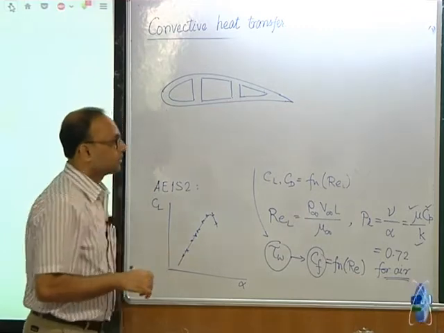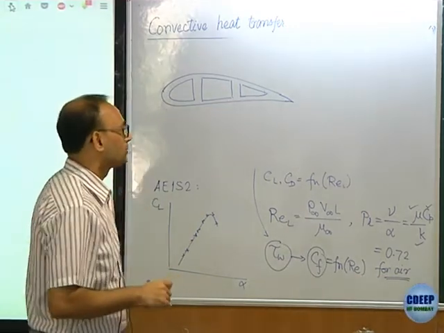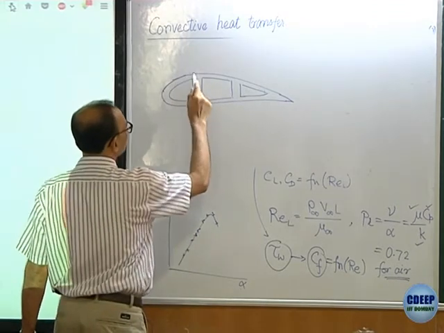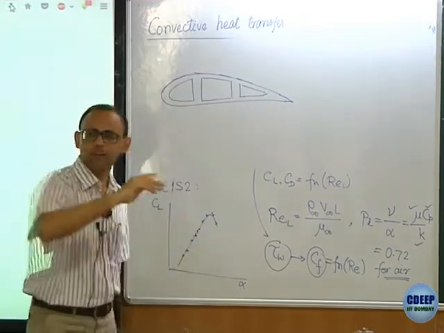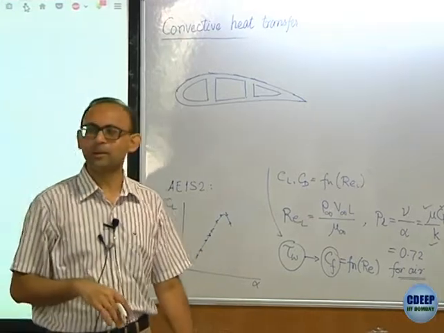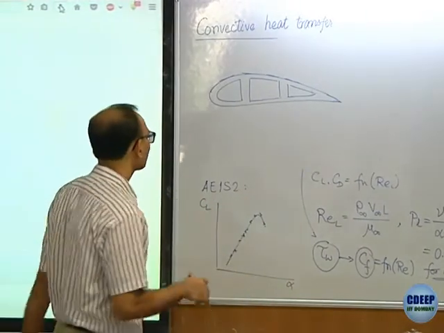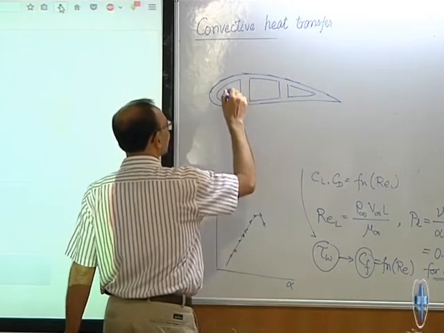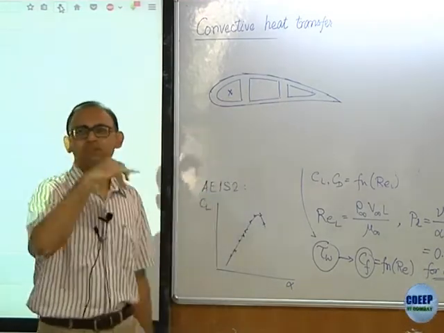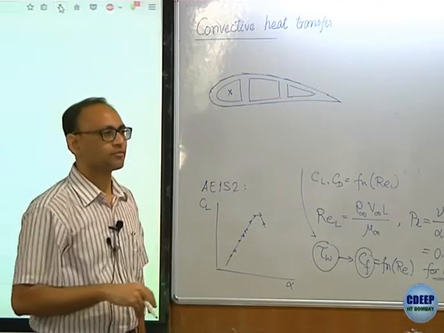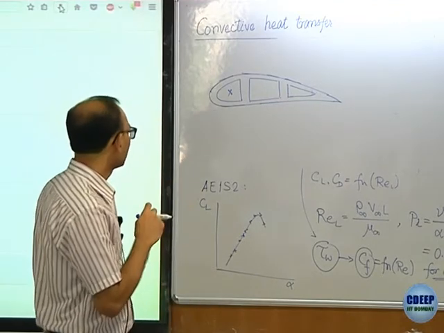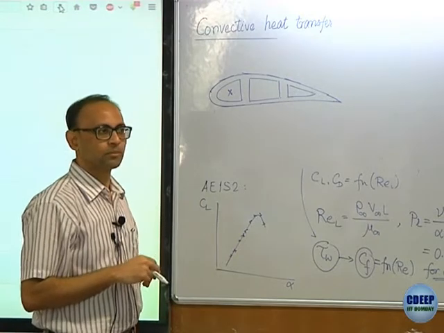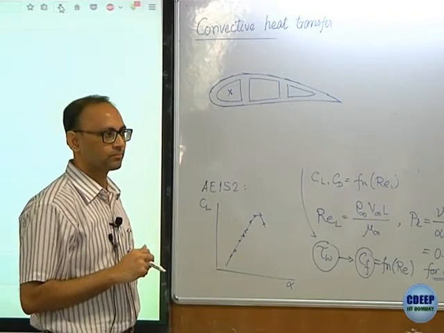So then, at least to make an estimate of the heat transfer, one can go about saying that the surface is some form of a flat plate, not so different from a flat plate. Maybe we can apply those formulas which we have, the top and bottom, and inside those channels where we are passing the coolant, we can apply maybe the pipe flow formula, because we don't have anything better right now.